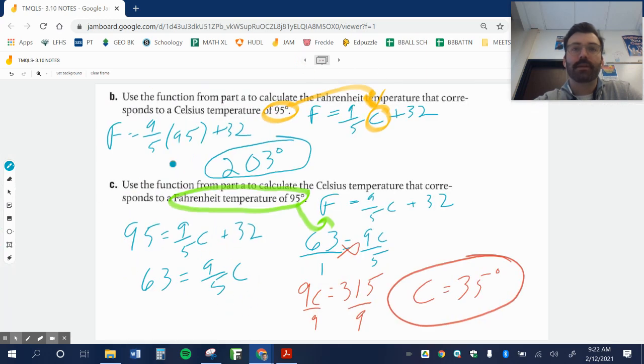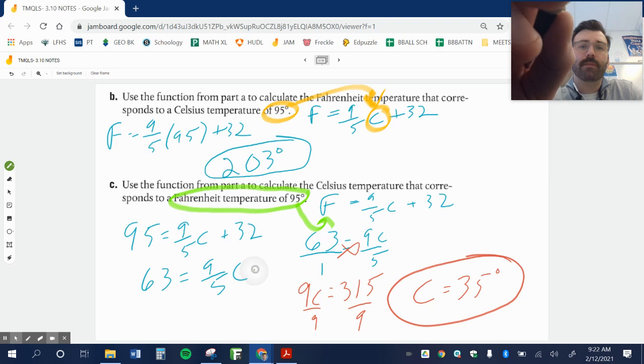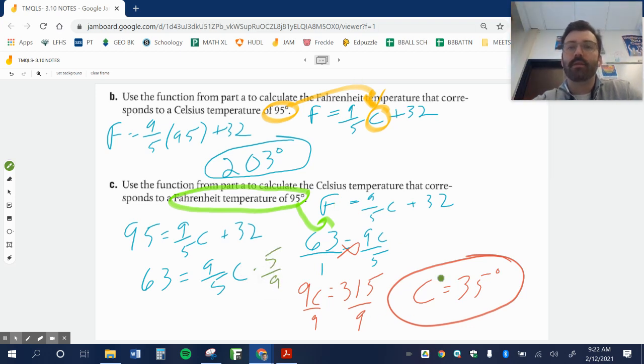What was the first thing I did when I set this up? I subtracted the 32. What your book is saying is that I have 9 over 5 C. I could divide by 9 over 5, but really what I'm doing is multiplying both sides by 5 over 9. That's another way of solving this part.